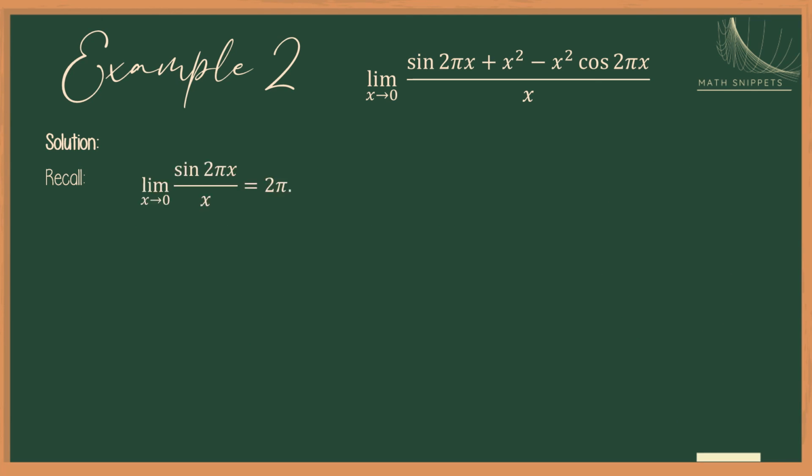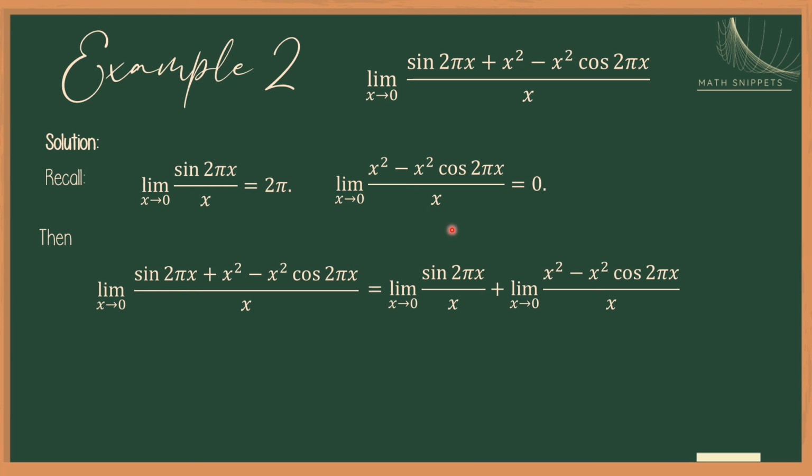So let's recall. We know that the limit of sine of 2 pi x over x as x approaches 0 is 2 pi. And that the limit of the second addend is 0. So therefore, when we use the sum law or the addition law, the limit of the sum is equal to the sum of the limits.